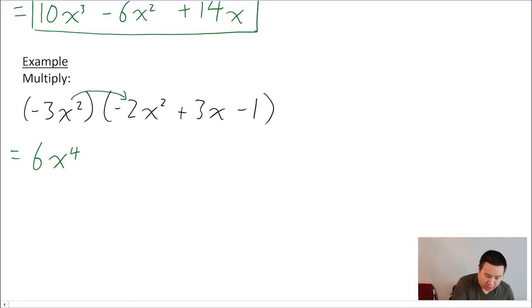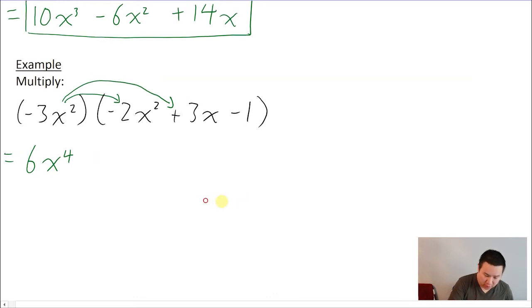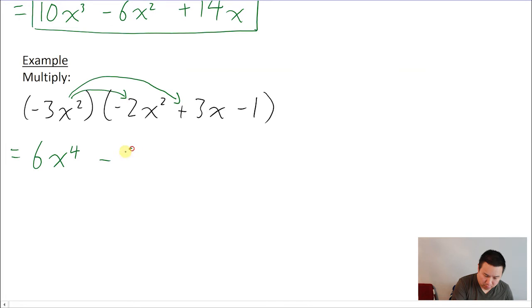Next up, negative 3x squared needs to multiply with positive 3x. Negative 3 times positive 3 is negative 9. And then x squared times x is x cubed.